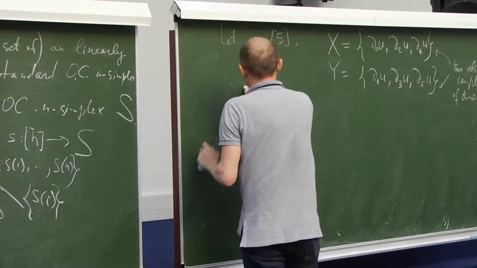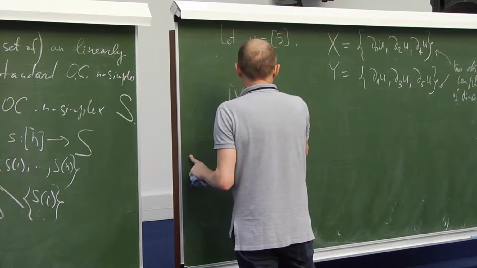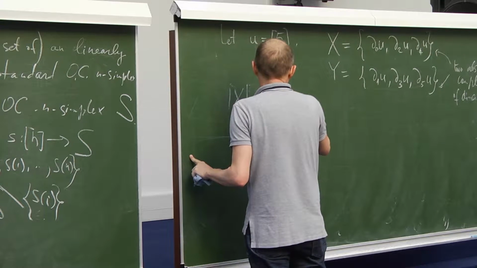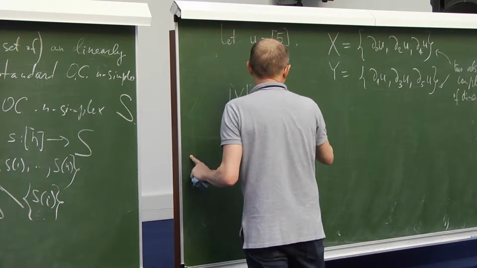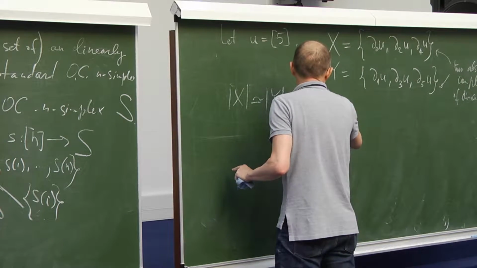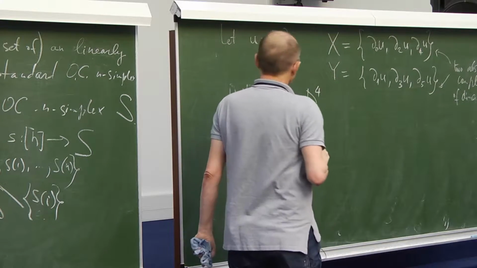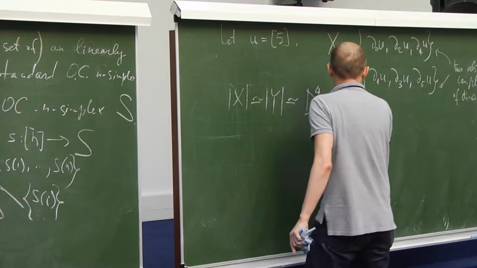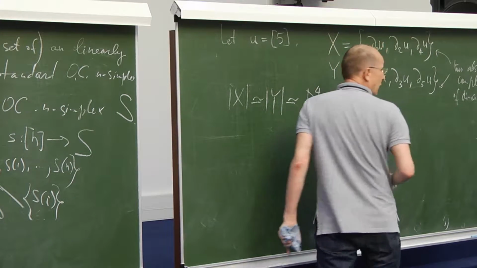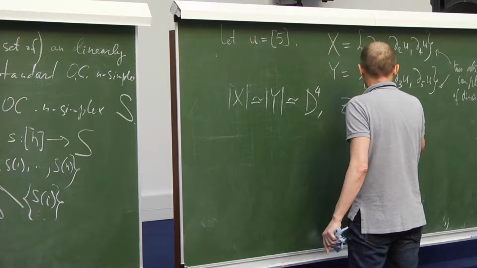So the geometric realizations of X and Y are homeomorphic to a 4-ball. And so we can define the boundary of them.